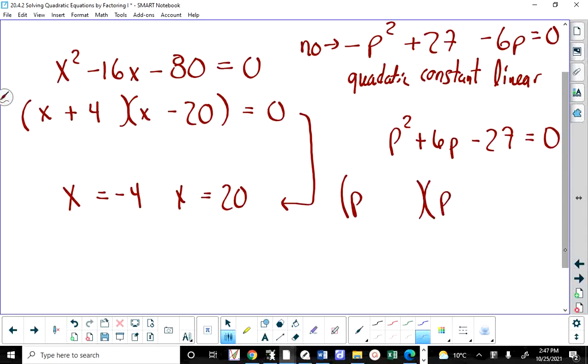Looking for two numbers that multiply to give negative 27 and add to give 6. It's easy. We had one very close to that. It's going to be the 9 and the 3 combination. Plus 9 minus 3. So p equals negative 9. And p equals 3. Really not difficult. Questions with that one?